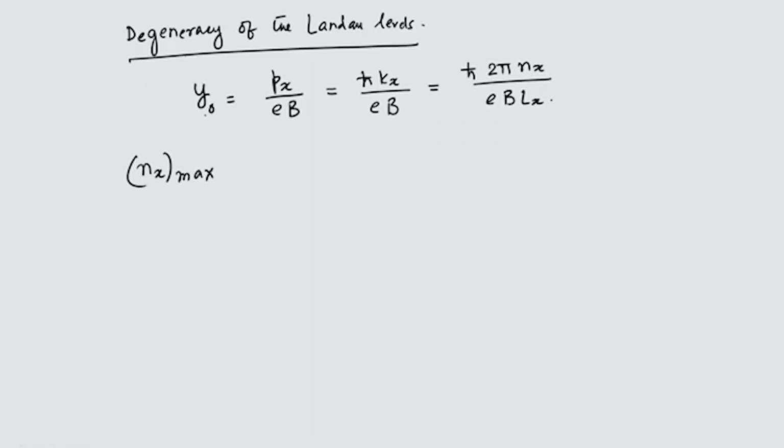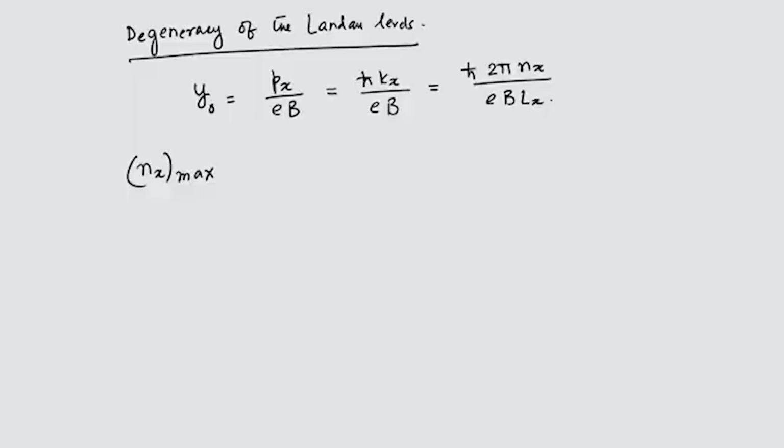The y0 is basically a length scale in the y direction. Along the y direction there is some value of y, which is determined by, of course, the magnetic field. Now, this y0 can at the most be Ly, that is the length of the sample in the y direction. That y0 cannot be outside the sample.